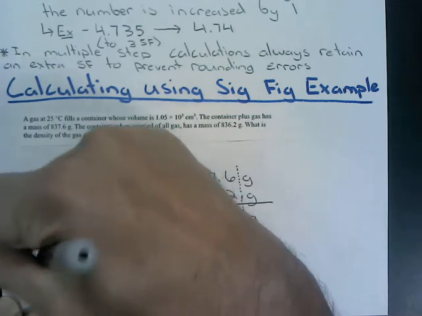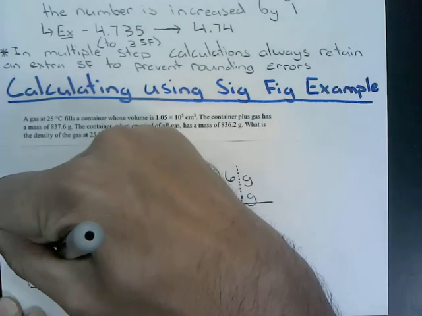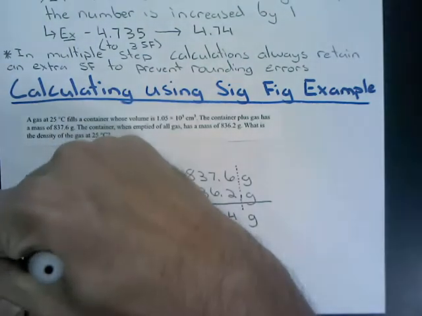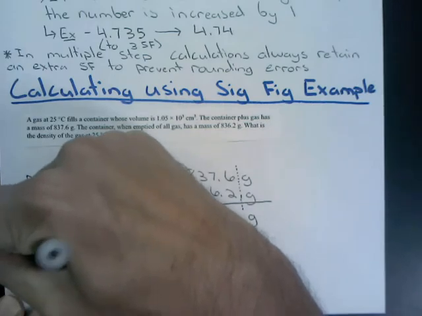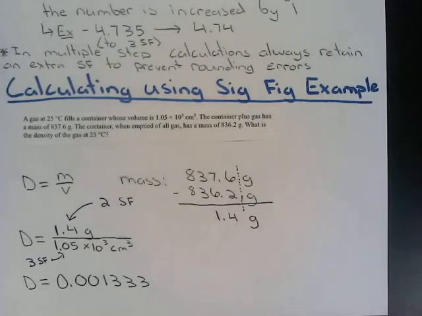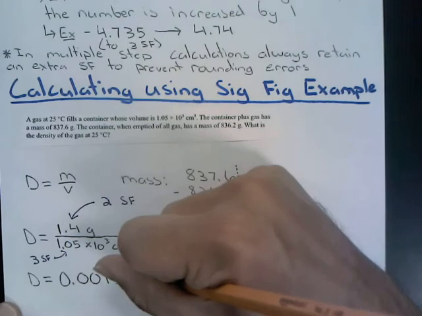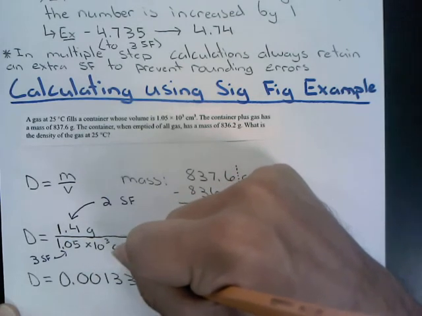So 1.05 is 3 significant digits. So the least number is 2.